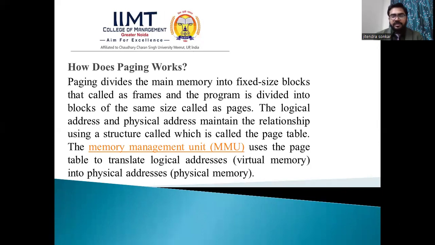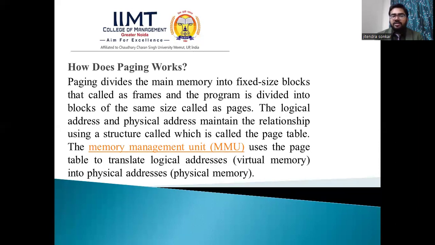How does paging work? Paging divides the main memory into fixed size blocks. These blocks are called frames, and the program is divided into blocks of the same size. These blocks are called pages. The logical address and the physical address maintain their relationship using a structure called the page table.